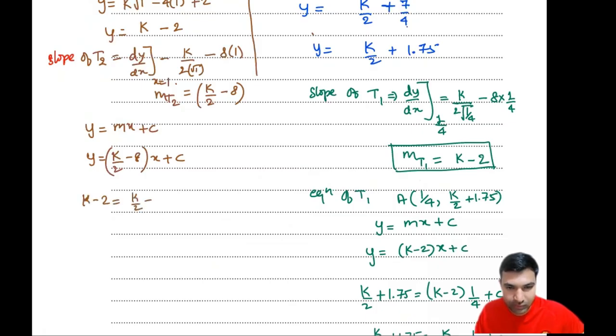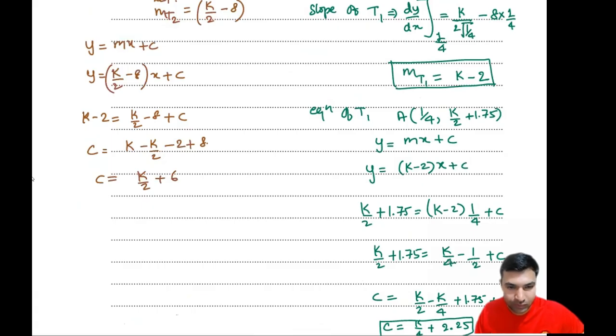So we get k minus 2 equals k by 2 minus 8 plus c. And therefore c value is k minus k by 2 minus 2 plus 8. So how much do we get? We get k by 2 plus 6. So that's c. And therefore the equation of the tangent T2 is y equal to k by 2 minus 8 multiplied by x plus k by 2 plus 6, right?